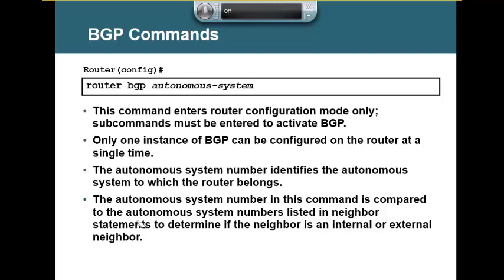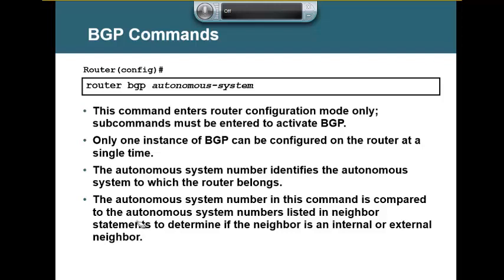That's what I should say instead of saying only one instance. Or you can say one instance of BGP can be sufficient on a router, that will be a nice statement. One instance of BGP will be sufficient on a router, so only one is supported.